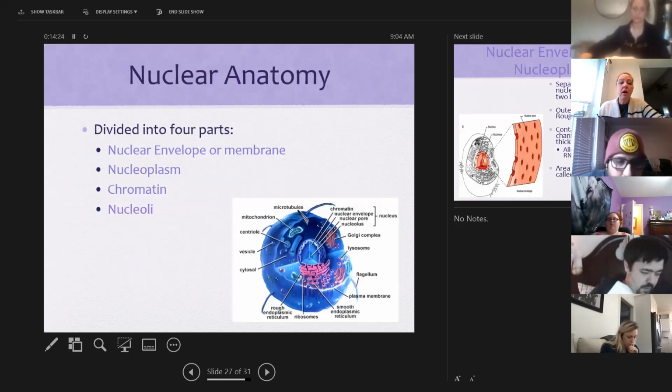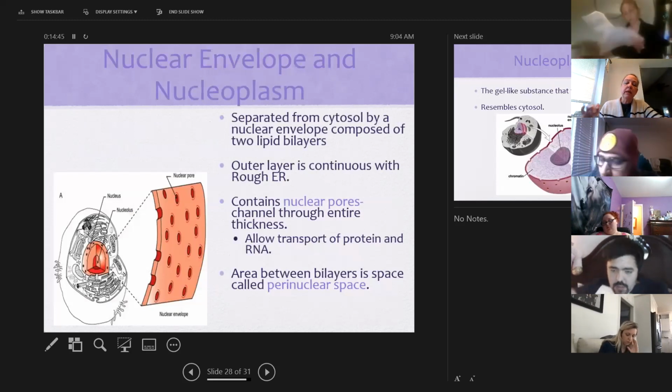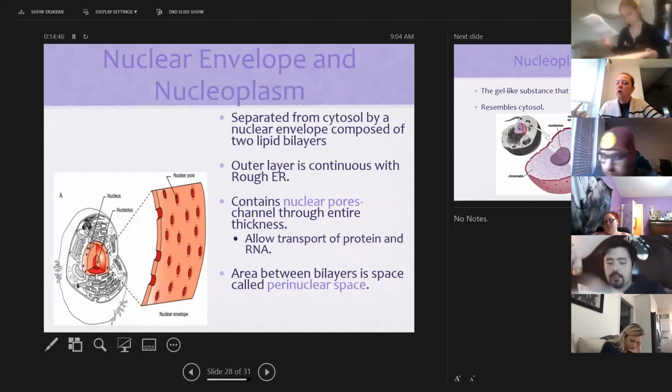Here are the 4 parts of our nuclear anatomy. Here's our envelope, the nucleoplasm, which is just the jelly, our chromatin and our nucleoli. We talked about all this yesterday. Here's our nuclear envelope. Very similar, although not in structure, but in ideal, to our cell membrane.